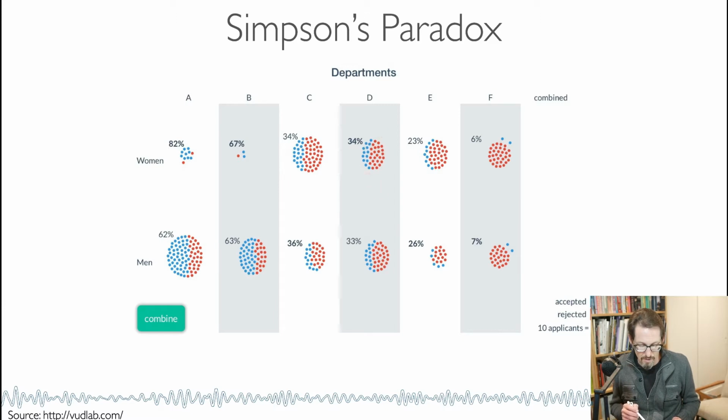Okay, so each one of these subgroups looks relatively even, with the exception of C, where there are way more women applicants than male applicants. And B, there are way more, just tons and tons more male applicants than female. Right, so what's happening here?